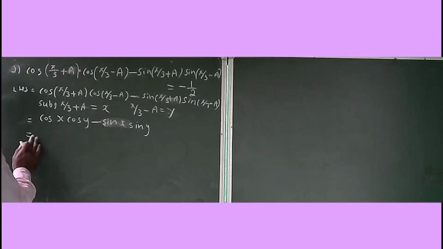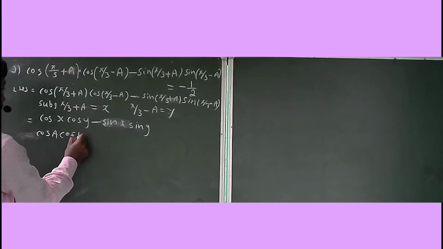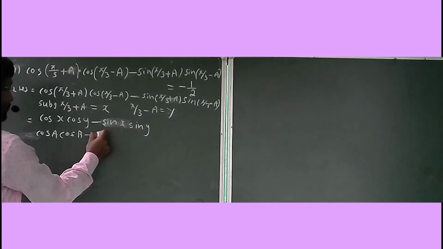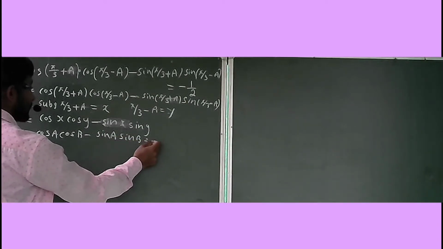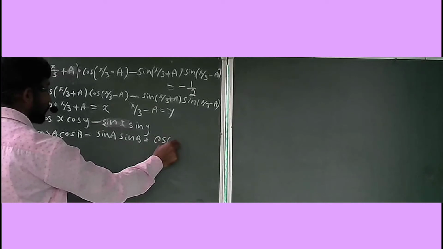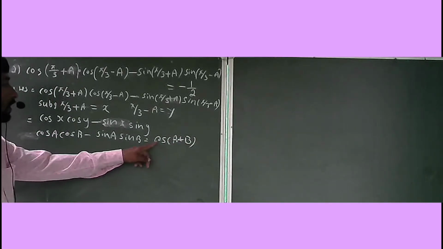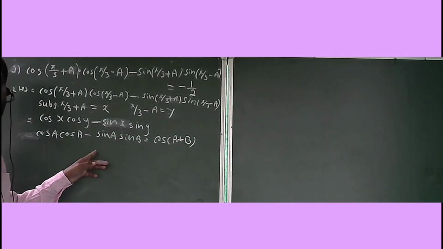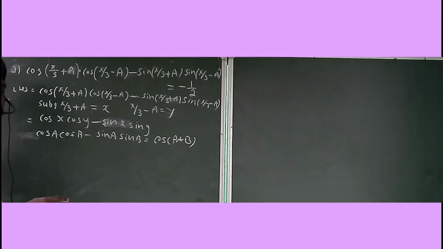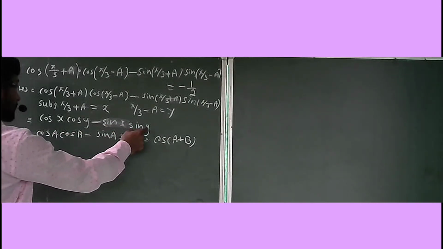The LHS is of the form cos a cos b minus sin a sin b. What's the formula? This is nothing but cos of a plus b. Okay, basic formula, right? Cos of a plus b is equal to cos a cos b minus sin a sin b. The LHS is also in the form cos x cos y minus sin x sin y.